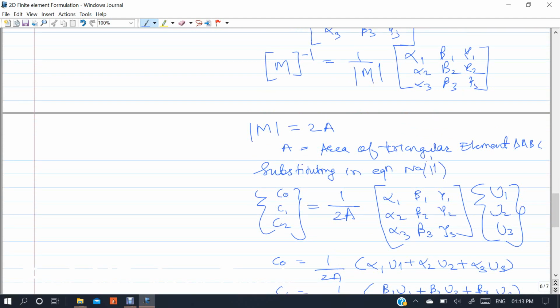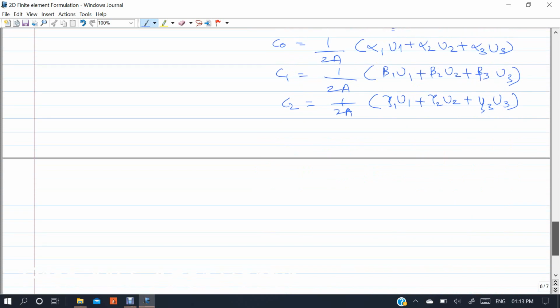Then the equation is: capital U equals 1 upon 2A, alpha 1 u1 plus alpha 2 u2 plus alpha 3 u3, plus 1 upon 2A for beta 1 and so on, beta 1 and then gamma 1.